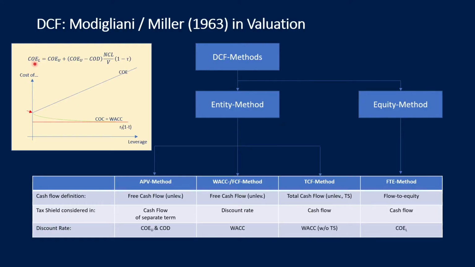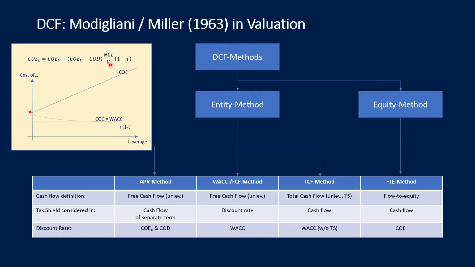The cost of equity of the levered company, so levered means depending on the leverage ratio, the use of debt, equals the cost of equity of an unlevered company plus, in brackets, the cost of equity of an unlevered company minus the cost of debt, which is assuming the risk-free rate, times the leverage ratio, which is non-current liabilities divided by the equity.